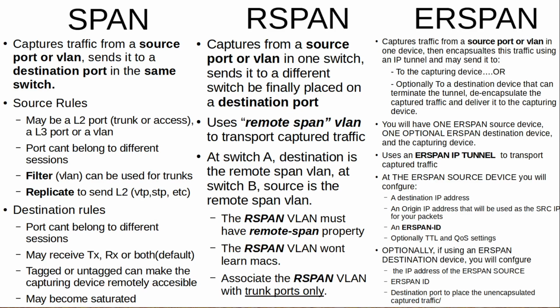And optionally, if you decide to use an intermediate device, you will configure the ERSPAN destination with the IP address of the ERSPAN source, the ERSPAN ID, and the destination port where to place the unencapsulated captured traffic.